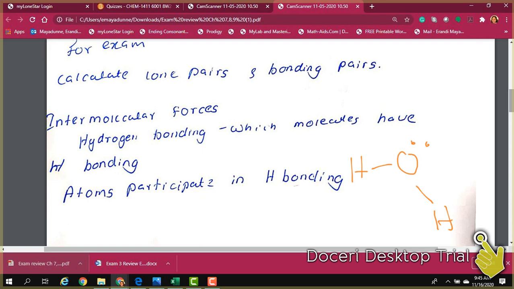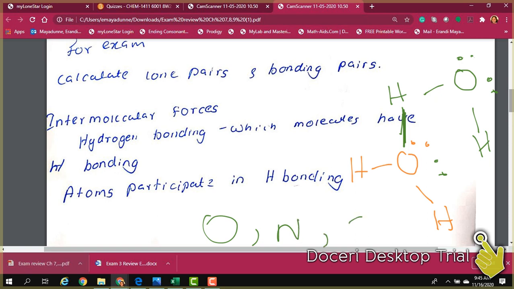O, H, H. And this hydrogen and this oxygen is the hydrogen bonding. Always in order to have hydrogen bonding, you should have one hydrogen bonded to, and the other one should be oxygen, nitrogen, or fluorine.